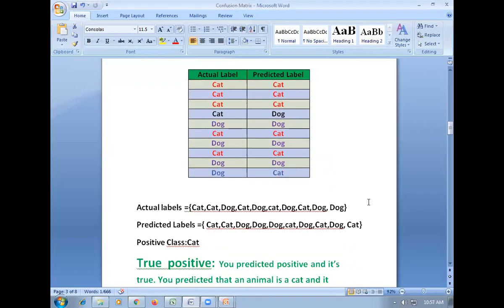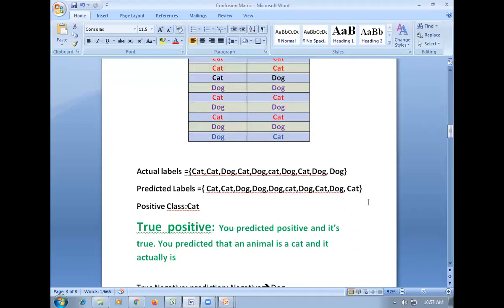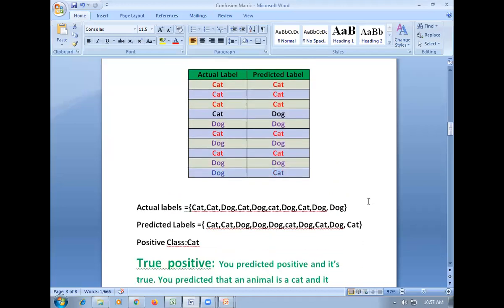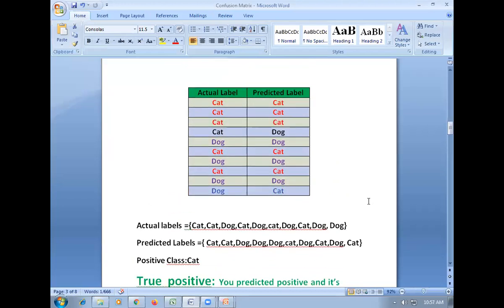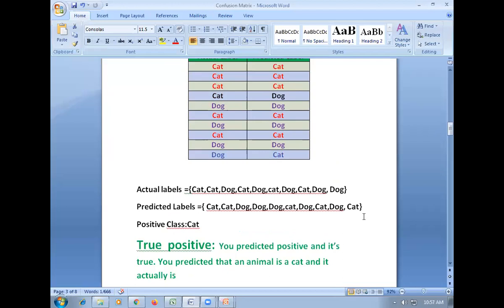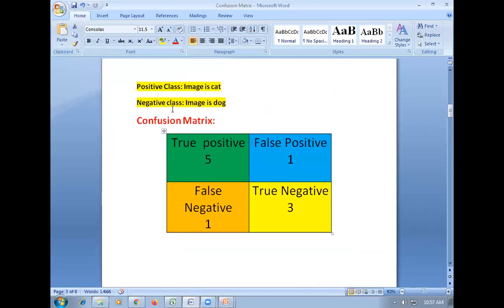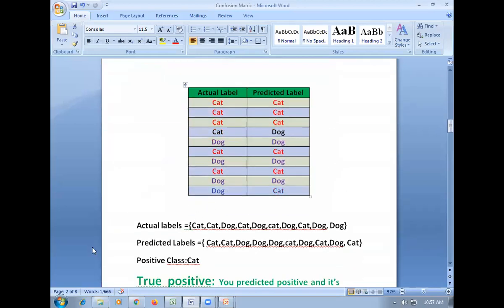We have seen it yesterday. We are predicting positive, meaning cat, and it's true. Yes, the prediction is the positive class, which is nothing but the cat class, because we have considered the positive class as cat, and it is true.